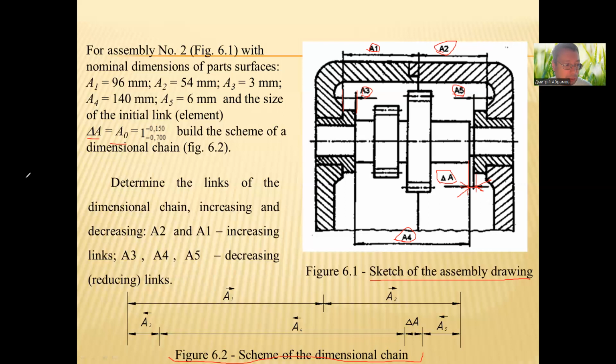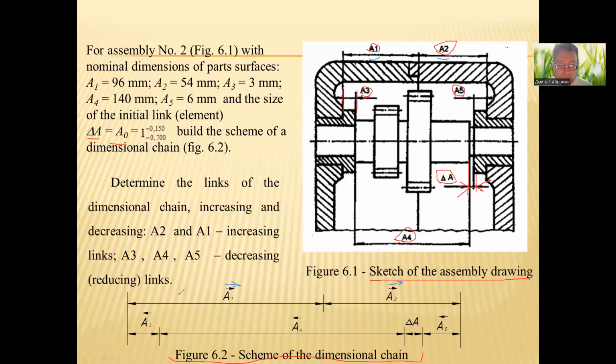And now we can see the links. Determine the links of the dimensional chain, increasing and decreasing. So A1 is an increasing link. A2 is an increasing link too.